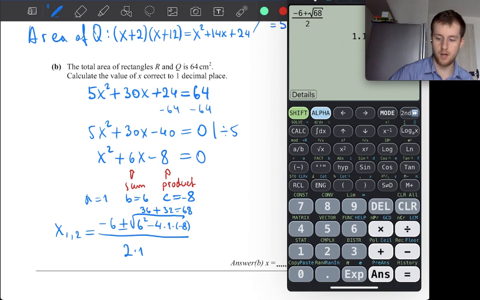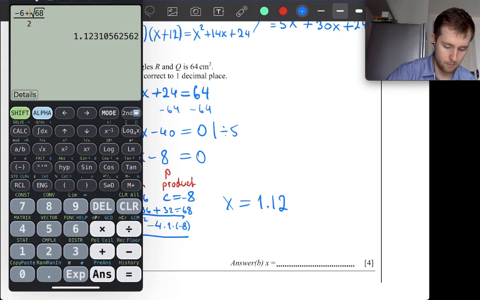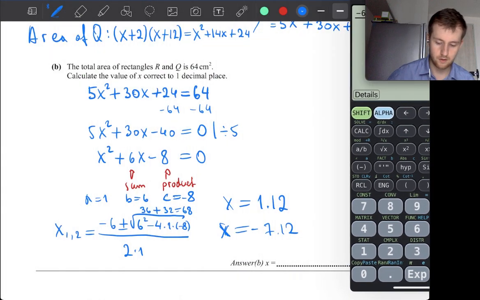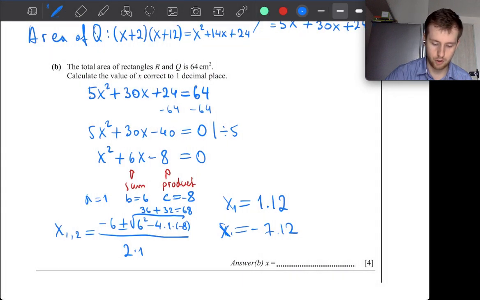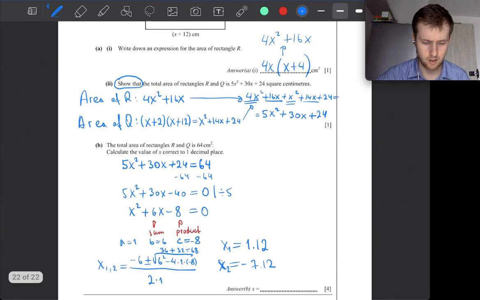The roots are not whole numbers, so x equals 1.12. And if it's going to be minus, x is going to be equal to minus 7.12. But this last one doesn't make any sense, because we're talking about lengths, so a length cannot be a negative number.